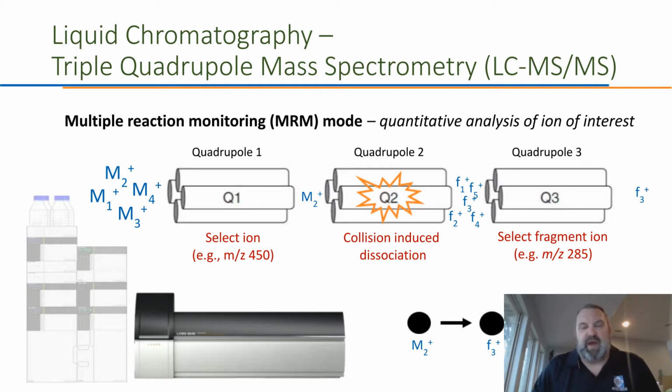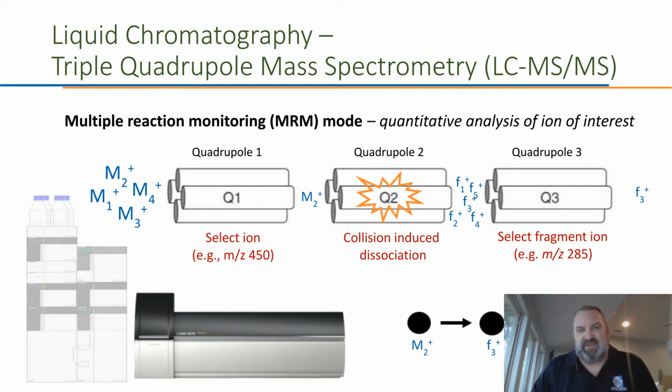When we do this, we are operating in the most sensitive manner for these quadrupoles. When we have it sit and look at a specific ion at one time, this is the most sensitive way that we can utilize this instrument. When we scan across multiple ions, we do lose some sensitivity. Now, in this case, because we're measuring a specific product of a specific precursor ion that we've chosen, we gain lots of specificity because there's not likely many other things in that mixture that would generate that diagnostic product ion.